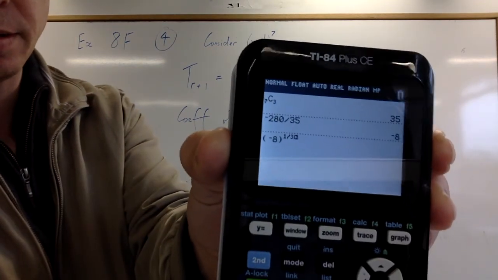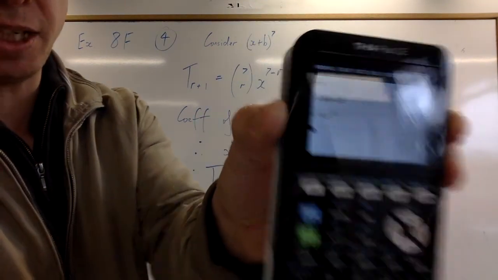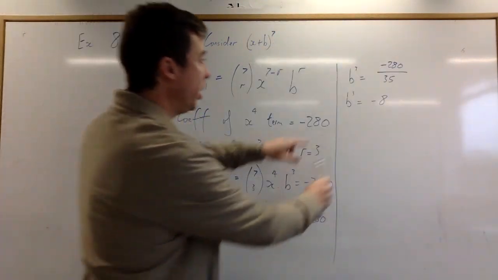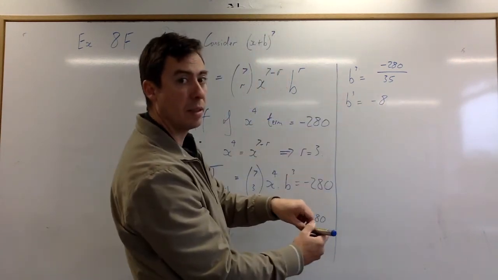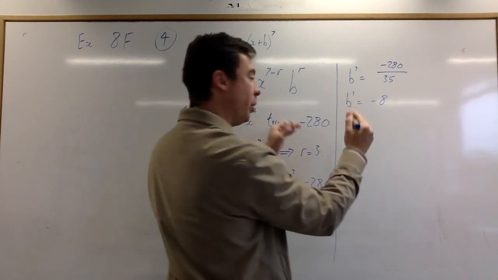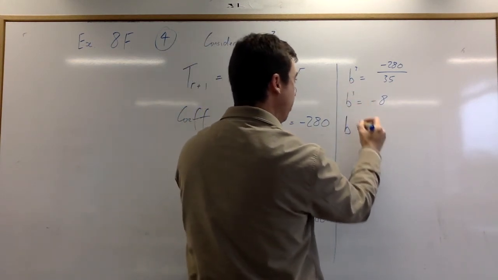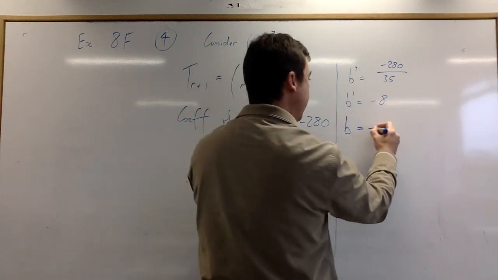Like that. Press enter. There's my answer, minus 2. So what I'm doing is I'm cube rooting both sides, because I've got b cubed. I don't want b cubed, I just want b. I've got to cube root the b cubed to get back to b.